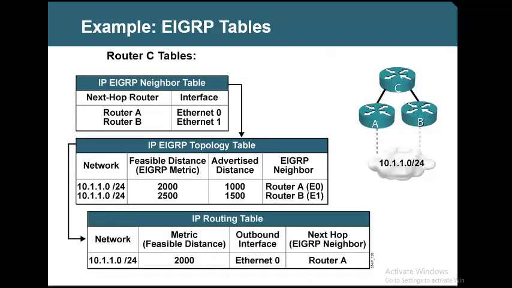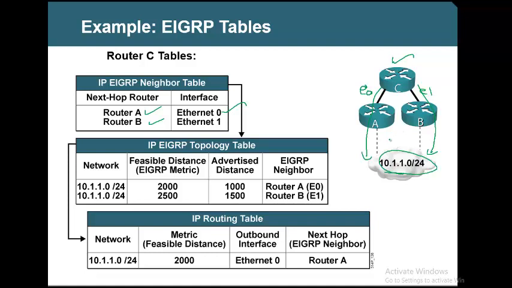Whatever you learned so far, this picture, this page is going to help you understand better. For router C, to reach this destination, there are two neighbors. You can go via neighbor A, you can also go via neighbor B. So the neighbor table will have neighbor information, Ethernet 0 and Ethernet 1.